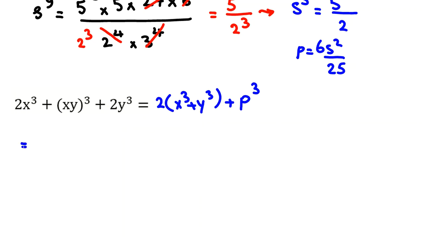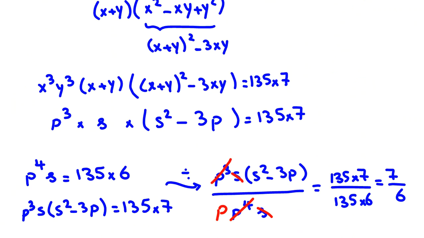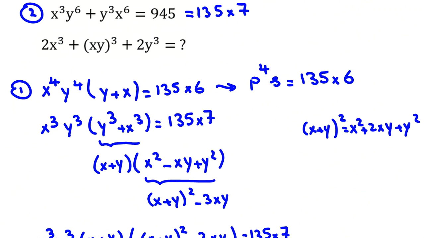So here it will be what? 2 times, I told you x cubed plus y cubed is x plus y, this identity, times x squared minus xy plus y squared, plus p cubed. And this part is what? It is x plus y squared minus 3xy. Here I've used exactly this part, and I've explained x plus y squared is this.